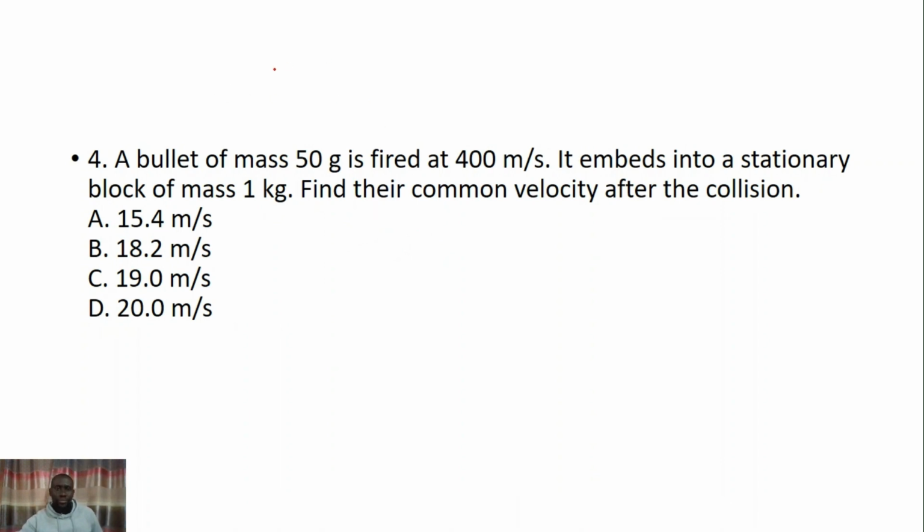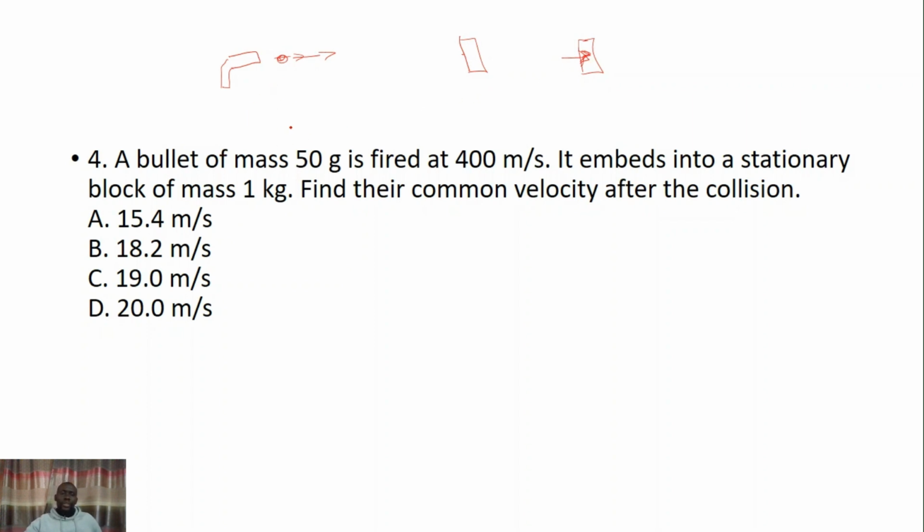Let's look at it. Let's say a gun is fired from here, right? And the bullet is shot, okay? And it hits a stationary block here. And when it hits it, both of them move forward with the bullet embedded in the block.